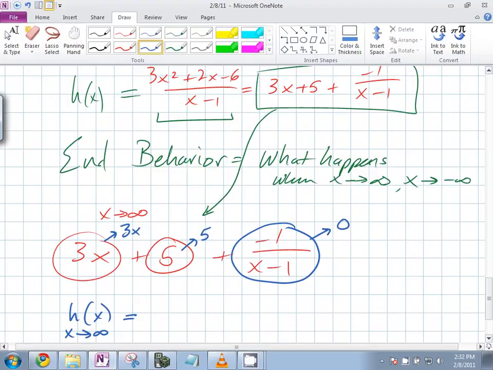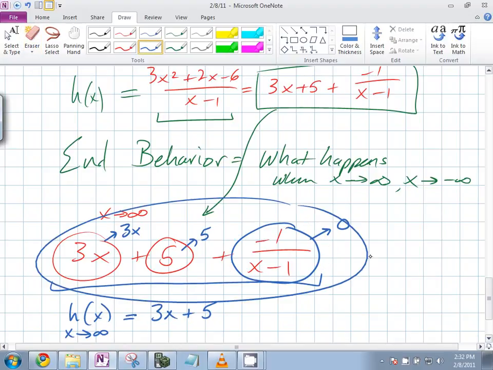Take a look at this. As x gets huge, what does it go to? Well, this goes to 0, but the other two parts go to 3x and 5. As x gets bigger and bigger, this becomes less consequential. As x gets bigger and bigger, this whole thing gets closer and closer to what? 3x plus 5.